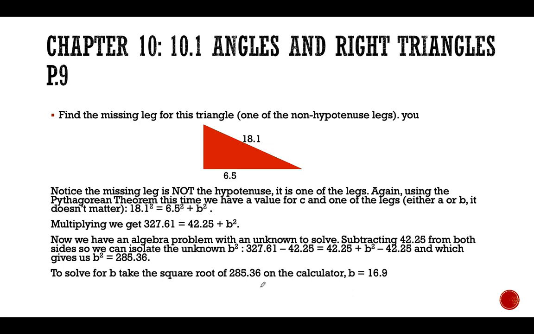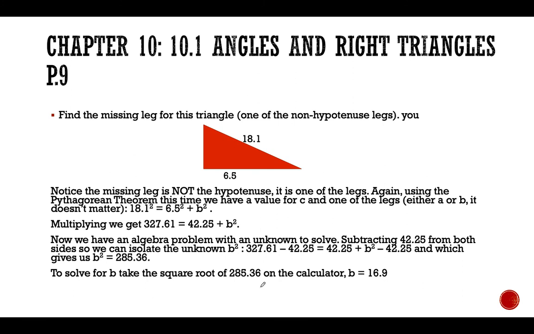Again, using the Pythagorean theorem, this time we have C and one of the legs, but we don't have the other leg. We're going to call the leg we're looking for leg B. The Pythagorean theorem would be 18.1 squared equals 6.5 squared plus the unknown, B squared. 327.61 equals 42.25 plus B squared.